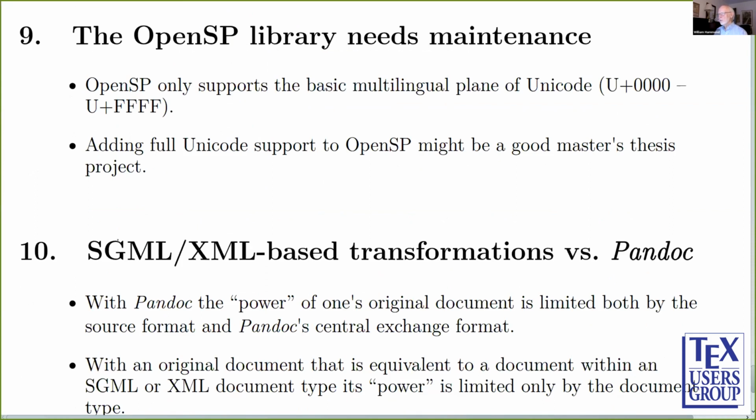And I'm aware of the fact, and I have been aware of this fact for a long time, that OpenSP only supports the basic multilingual plane of Unicode. So those are hexadecimal U values from 0000 to FFFF.